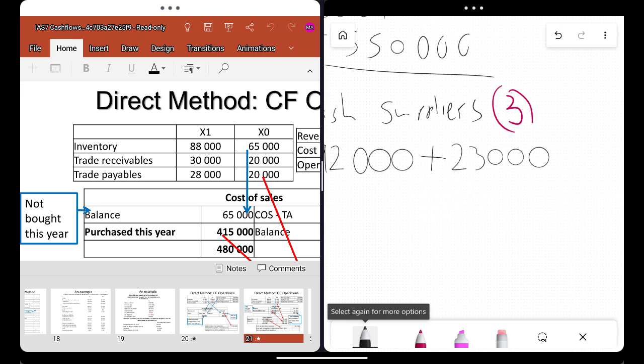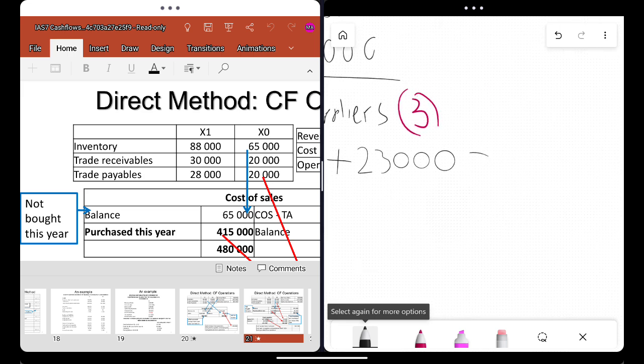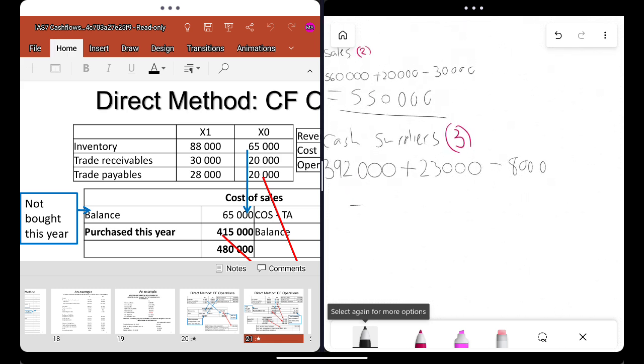You're owing them more money, 8,000. If you're owing that 8,000, that means you never paid cash to them. So critically think: that 8,000 rand you never paid them because you're owing it, so just say minus 8,000. My three components are done. Let's see if we get to an answer.